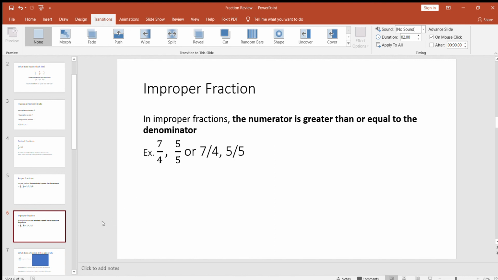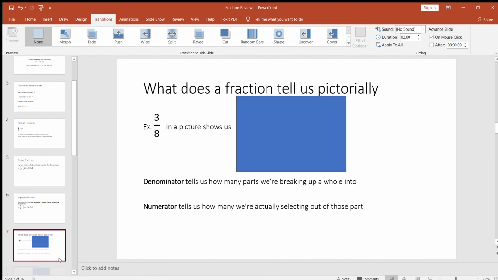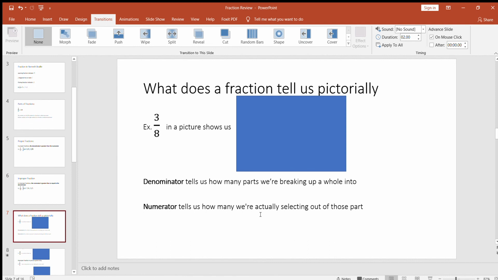Now, let's talk about what a fraction looks like. What does a fraction tell us actually? What does it mean? So let's have an example, 3 over 8. Before we talk about the picture, let's talk about what the denominator and numerator do. The denominator tells how many parts we're breaking up a whole into.